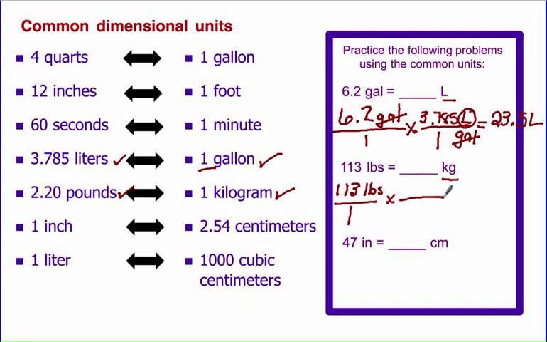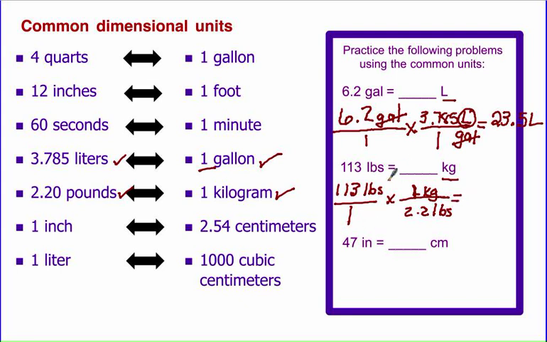And then I'm going to use this conversion unit. So 1 kilogram is equal to 2.2 pounds. In order for pounds to cancel, it needs to be on the bottom. So I'm going to put my 2.2 pounds down here on the bottom. And then I'll have my 1 kilogram. Sorry, that's a 1.